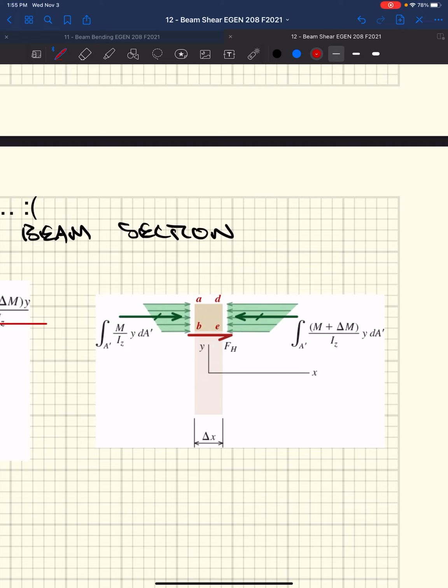So this is a force due to M, and this is force due to M plus delta M. Right? That's all that we're doing.